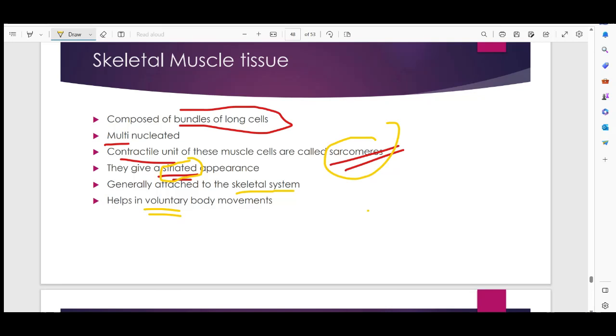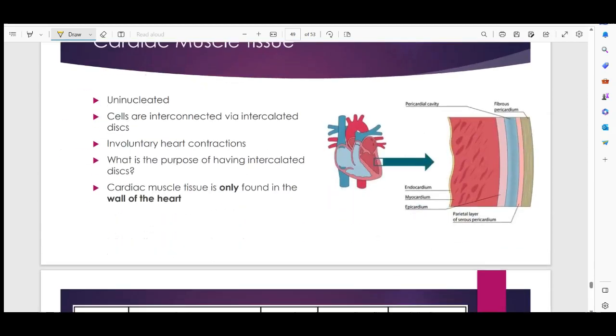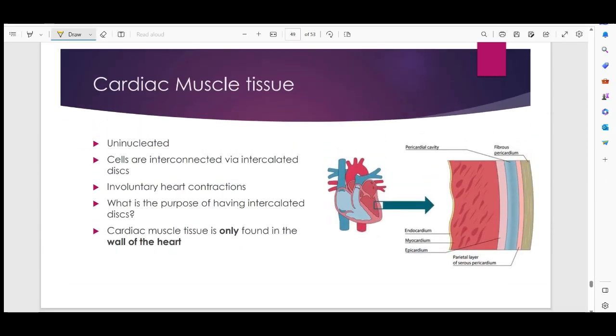Can you give me the features? I'll repeat them so you can easily remember them. Bundles of long cells, multinucleated, sarcomeres present, because of that it has striations, and it is voluntary in action. Okay, can you give me the features of skeletal muscles?